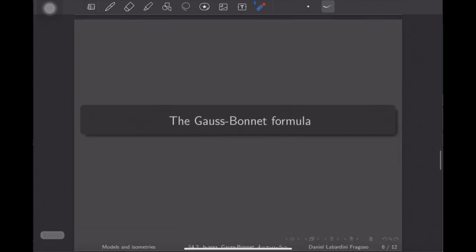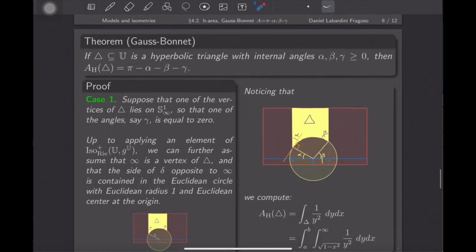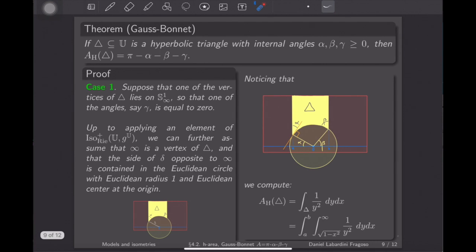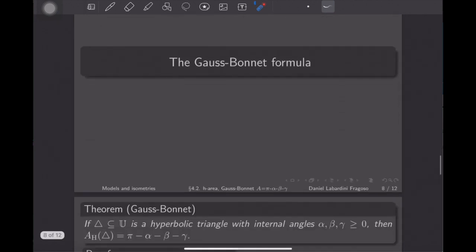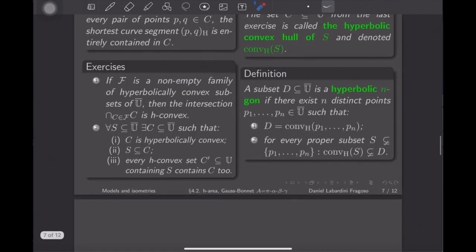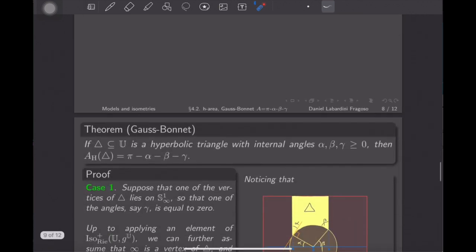And now the Gauss-Bonnet formula, which states that if you give me a hyperbolic triangle, when n equals 3, so that there are 3 distinct points such that this delta is the convex hull of the 3 points, but if I get rid of at least one of the points, I cannot obtain the whole delta.